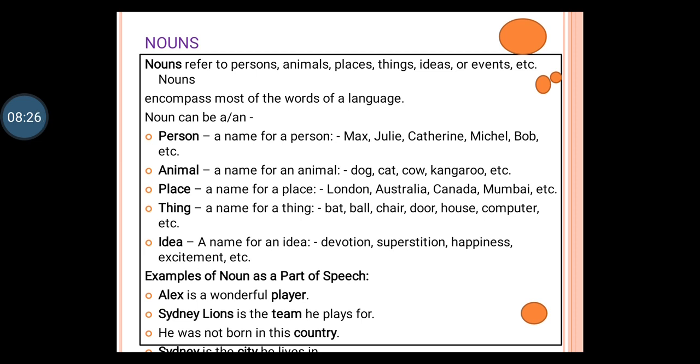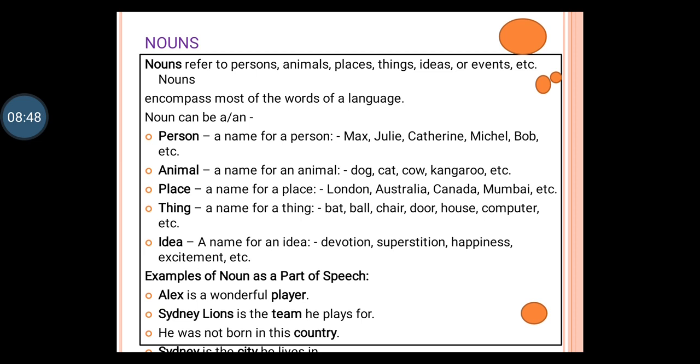Okay, moving on. A noun can be a, an. Why is it a, an? You should know. If the word starts with a vowel sound, you don't say a before it, you say an before it.